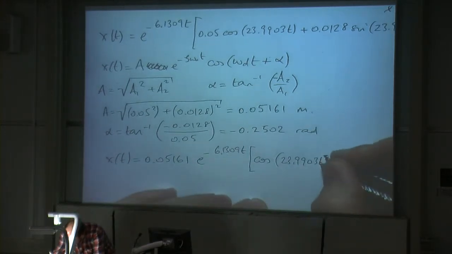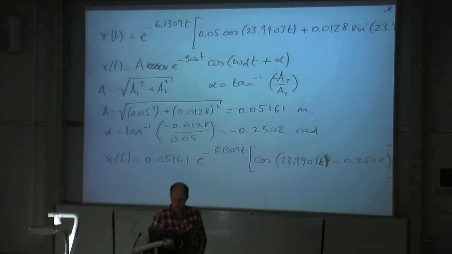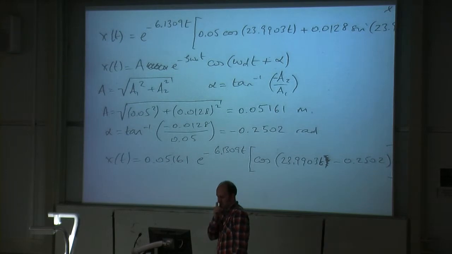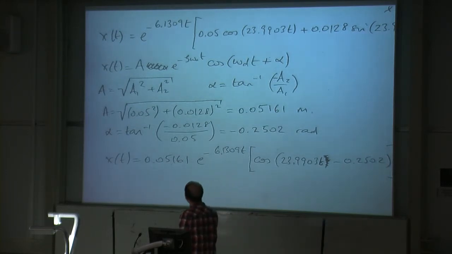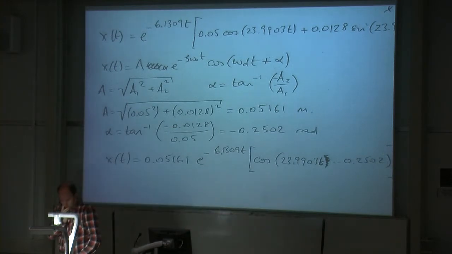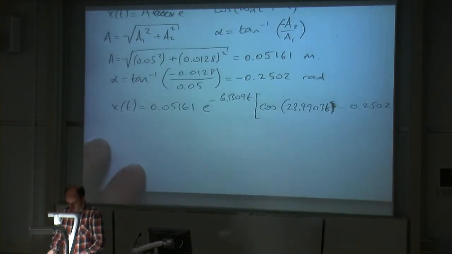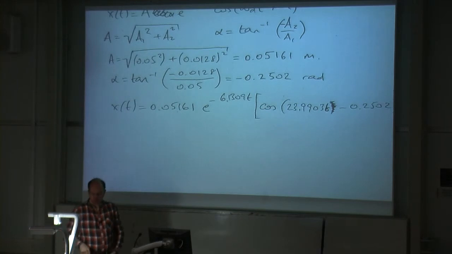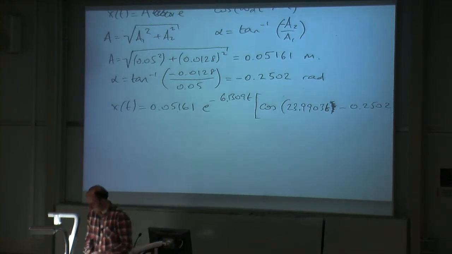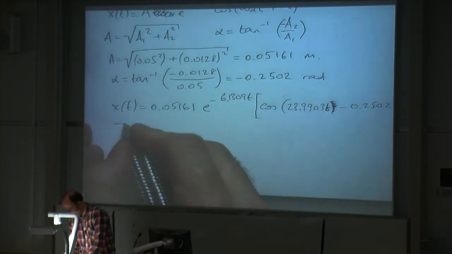This is t, obviously. So that's question 1. That gives you the solution to question 1. And that's one way of solving it.